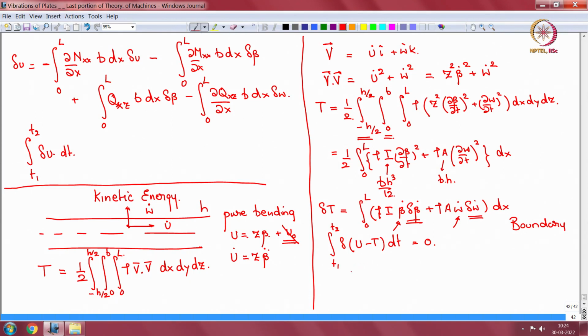So we have integral t1 to t2, integral 0 to L, rho I beta dot delta beta dot plus rho A W dot delta W dot, dx.